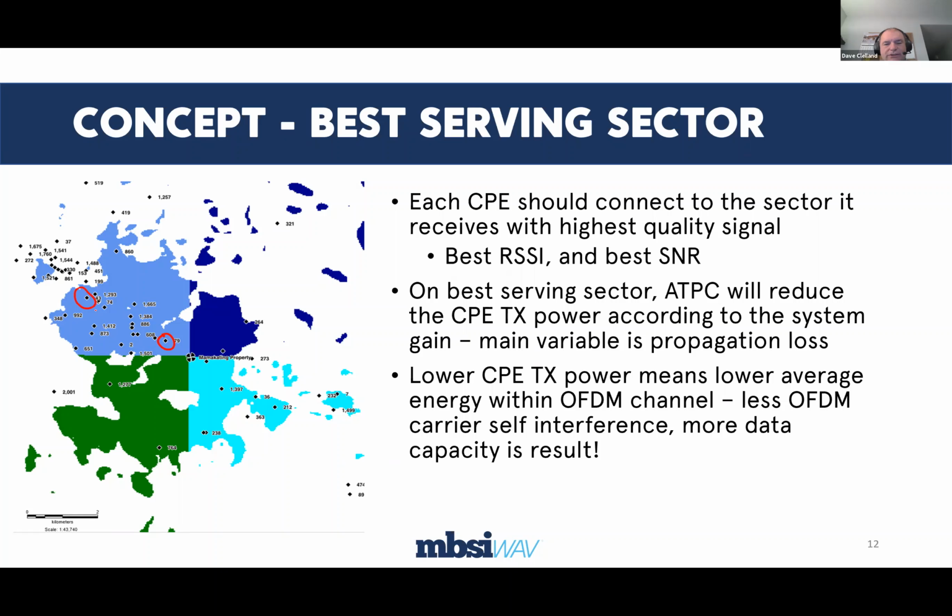In order to accomplish this, we have to connect these CPE to what is known as the best serving sector. Some very desirable things happen when we're connected to the best serving sector, and some not very desirable things happen when they're not.